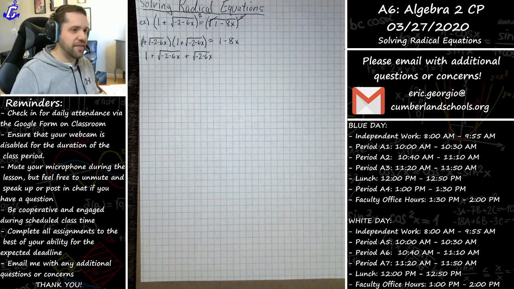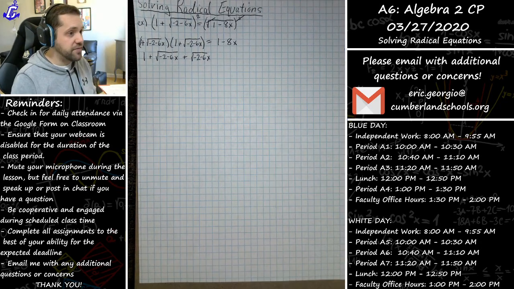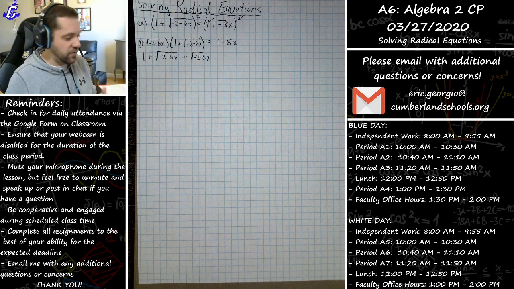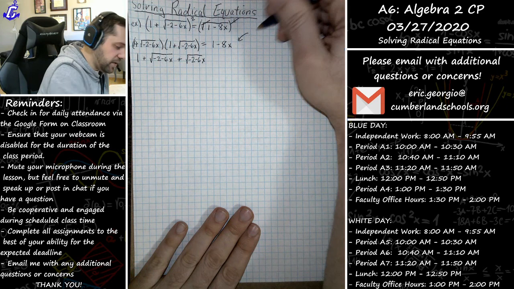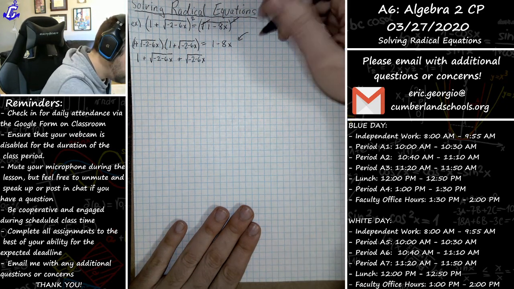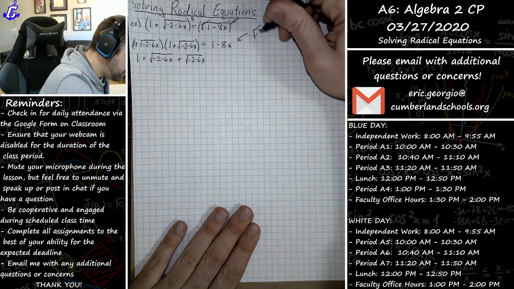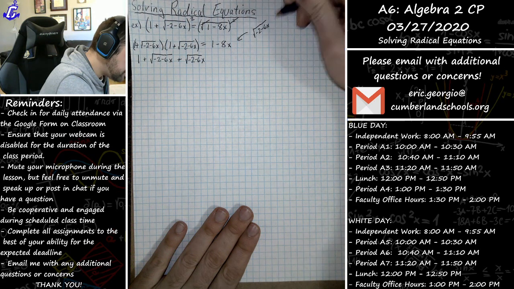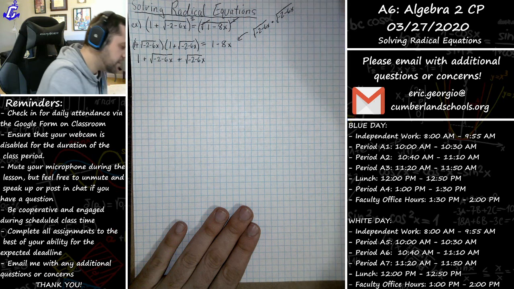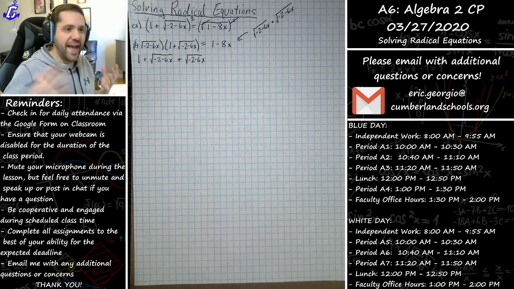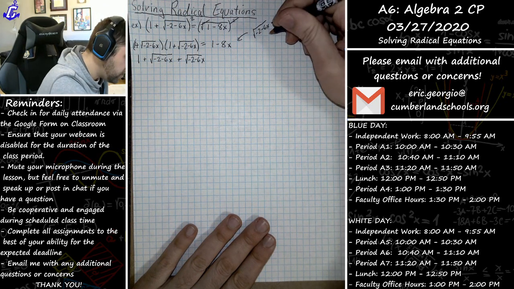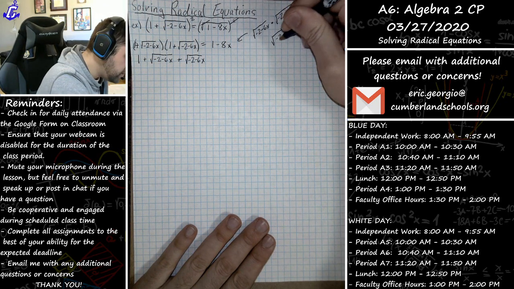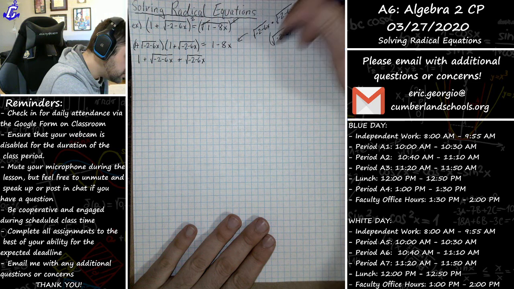Now I'm faced with the last multiplication of the square root of -2 minus 6x times the square root of -2 minus 6x. We have the square root of -2 minus 6x times itself, or in other words, the square root of -2 minus 6x squared.